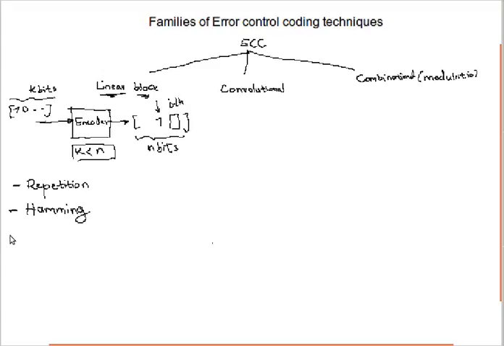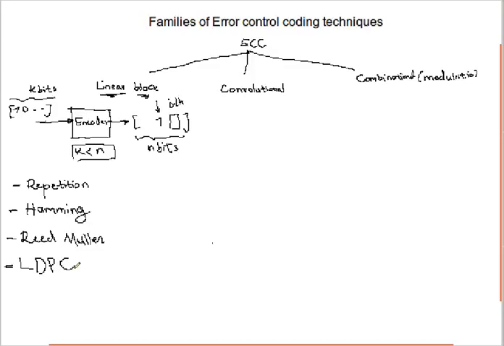The fourth one, which is also very famous, is called Reed-Muller. Reed-Muller codes are also very famous codes. Another fundamental and very powerful family of linear block codes is called LDPC, or low density parity check.